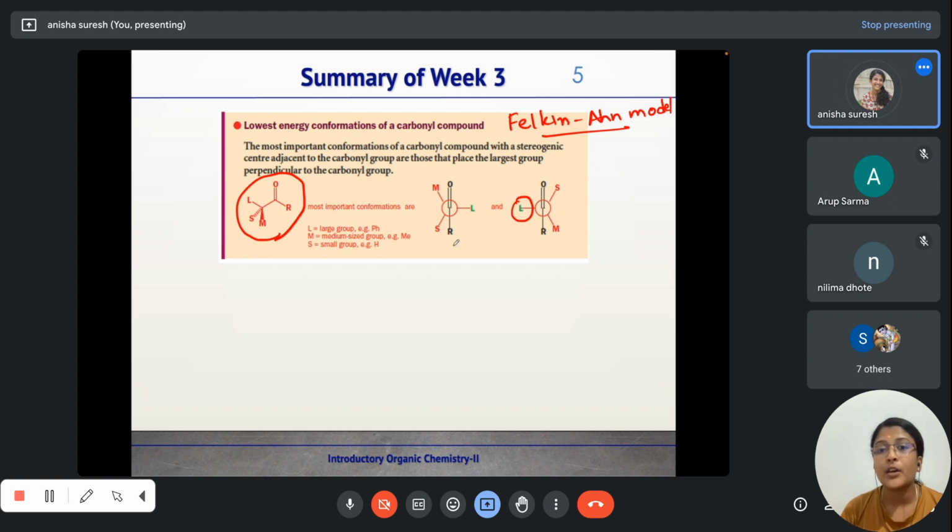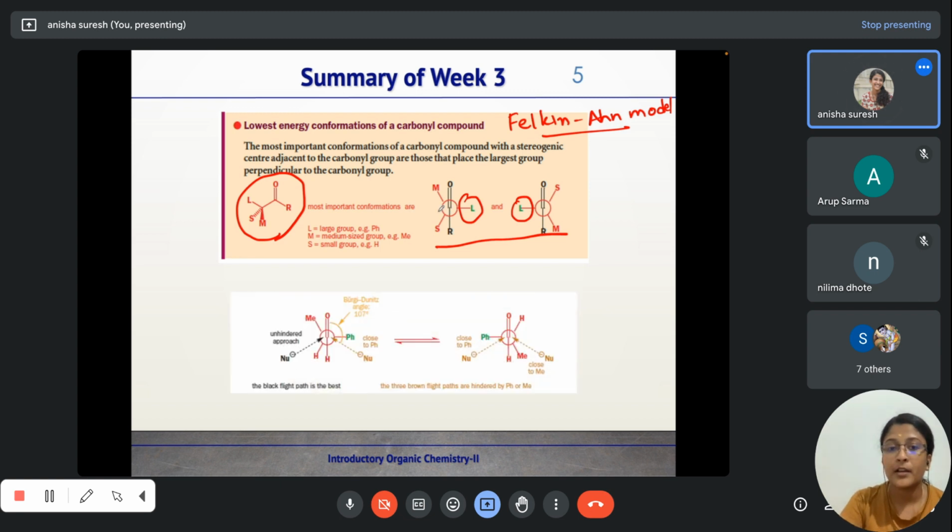So these are the two conformations referred to as the most important conformations of the carbonyl compound, because here the largest group is perpendicular to the carbonyl group, hence these will be among the most stable conformations. Now if we consider the approach of a nucleophile, nucleophilic addition to the carbonyl group.